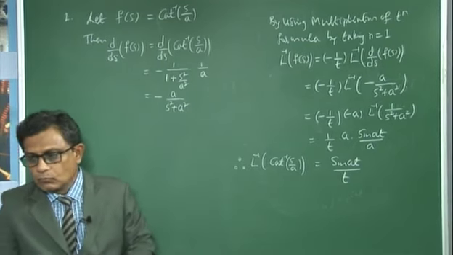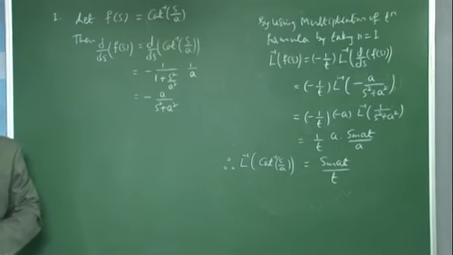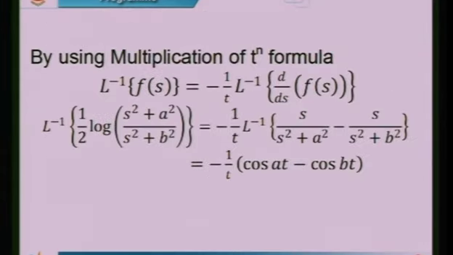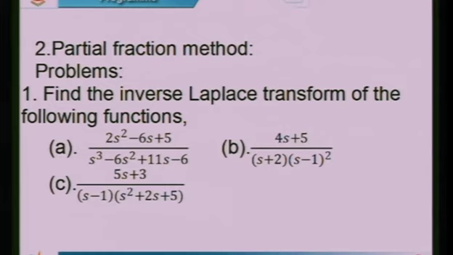Now, we will move on to the second method. What is the second method? Second method, as I told, is by using the partial fractions method. When you are using this method, there are two conditions.